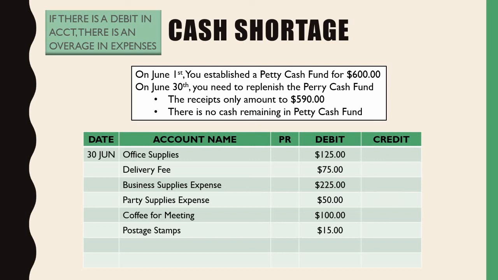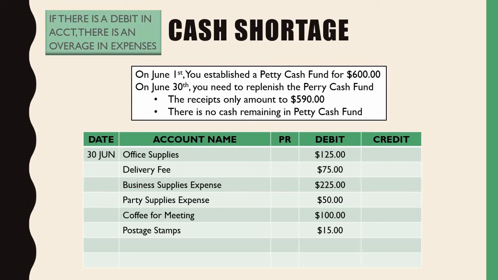So here you have $0 in your cash register, and you have a total of $590 of receipts. Therefore, if you're supposed to have $600 in your petty cash drawer at all times, in this case, I have a cash shortage.